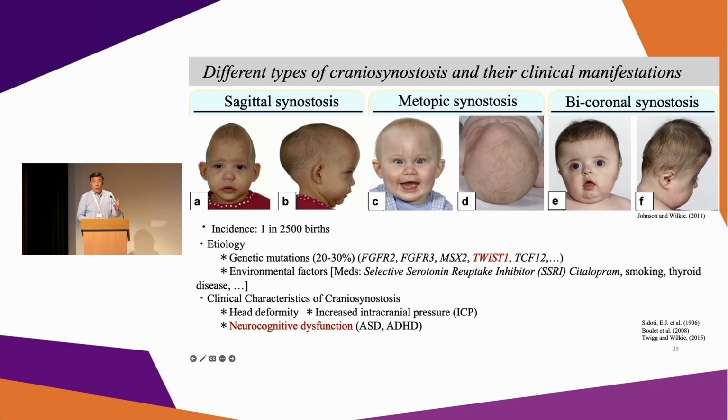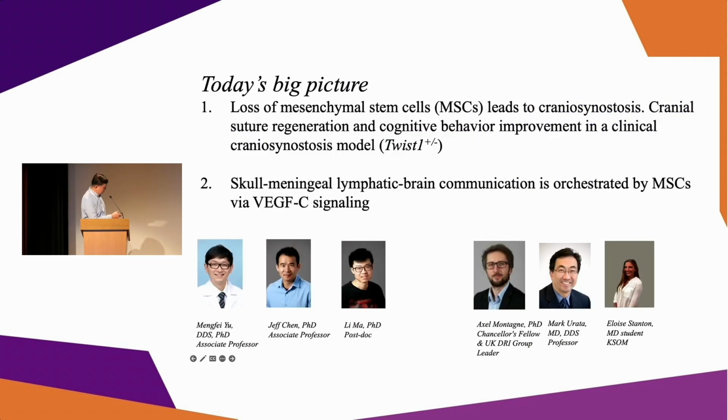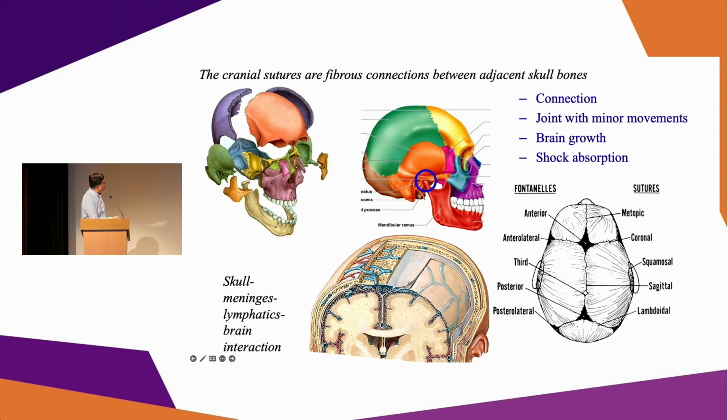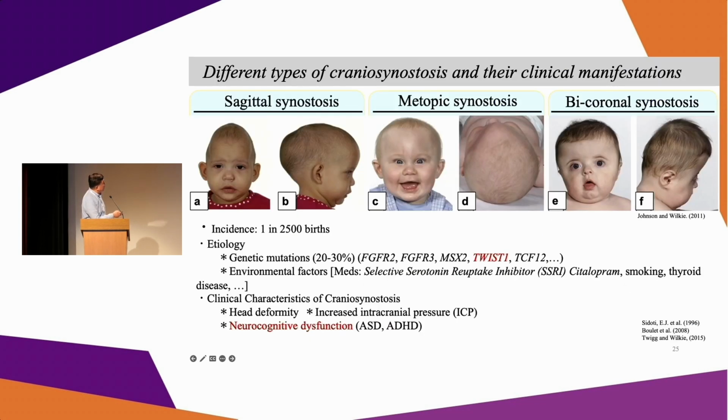As you know, cranial synostosis comes in different forms, depending on which suture is fused prematurely. So here is a sagittal suture fusion, metopic suture, and then bilateral coronal suture fusion.